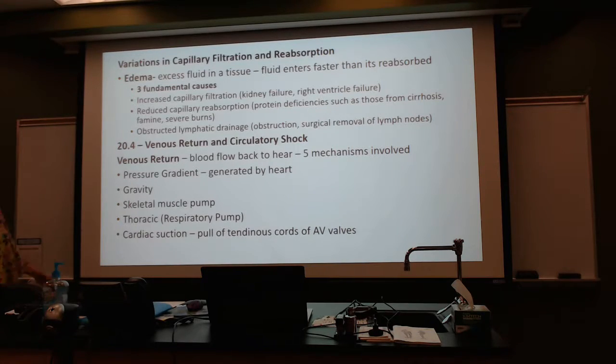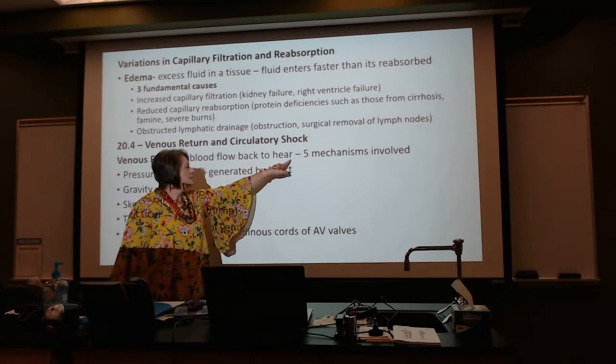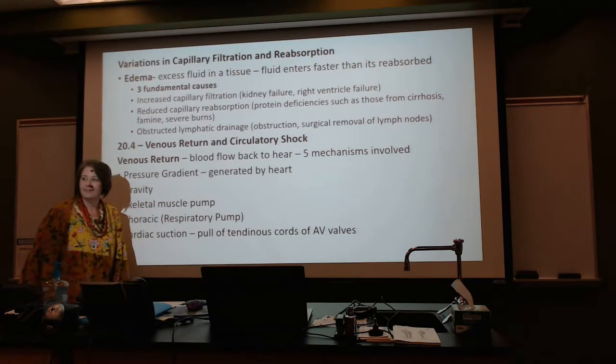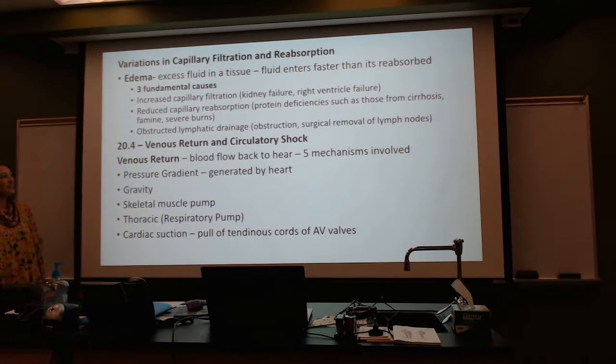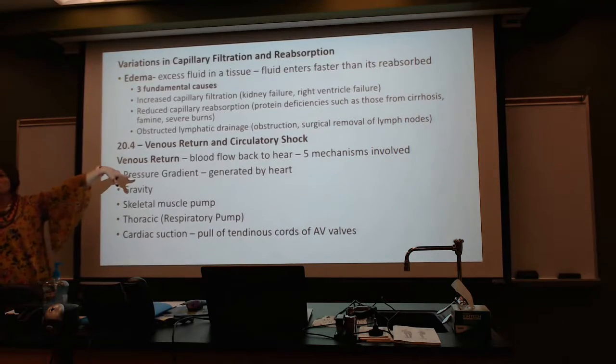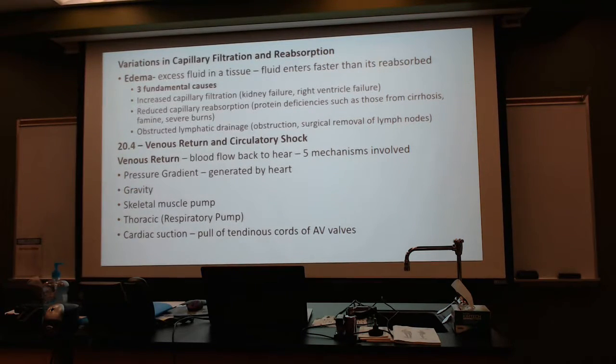Oops, typo. Back to the heart. Okay. So the last thing that we end up with, I think, in this chapter, it might be a part 5, I can't remember. Venous return, meaning this fluid back to the heart, and then what is circulatory shock?